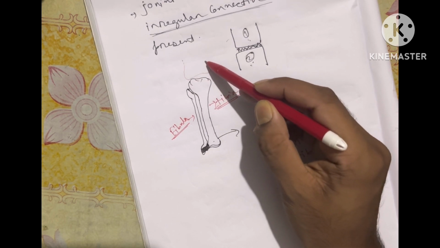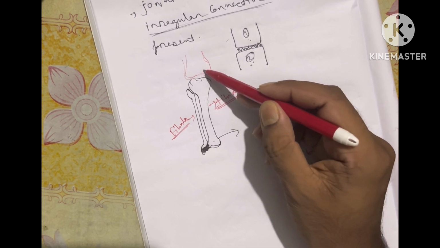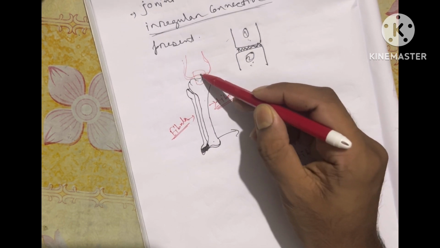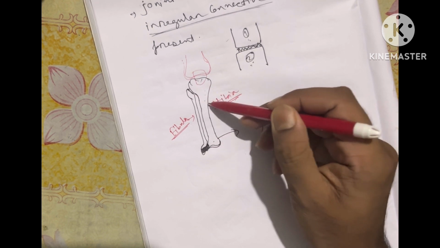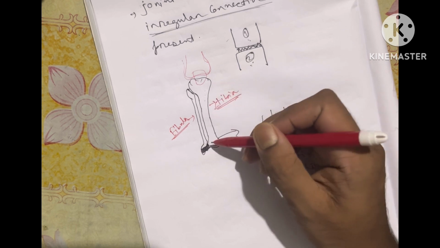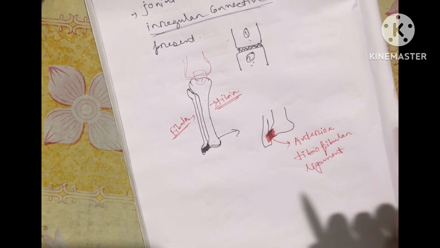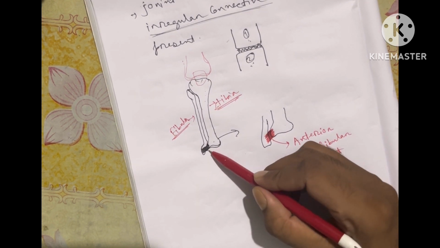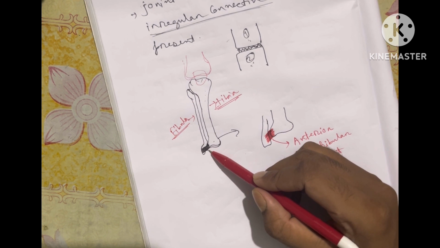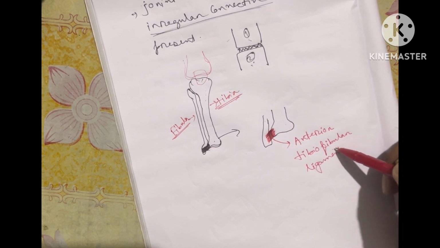Here our femur is present, and inferior to the femur is the patella. Inferior to our femur we have the tibia, the larger one, and the fibula is the smaller one. At the inferior side of the joint, we can find the inferior tibiofibular ligament.